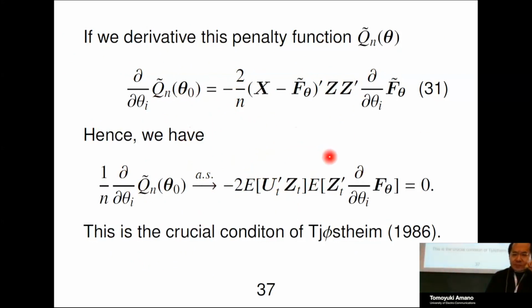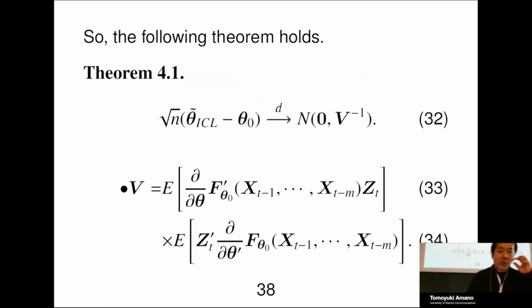So this ICL satisfies a crucial condition. So from this result, our ICL estimator has asymptotic normality and the asymptotic variance is given by this.